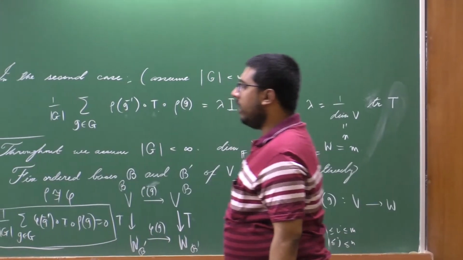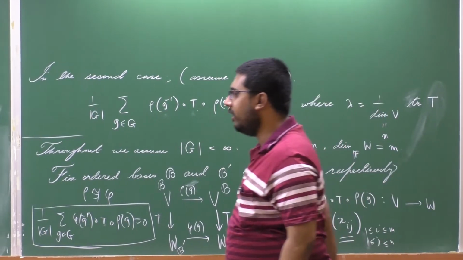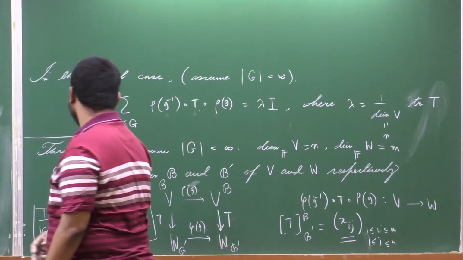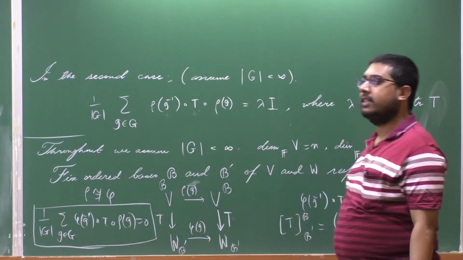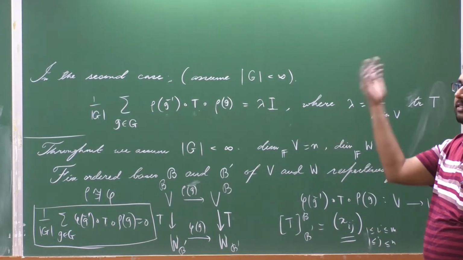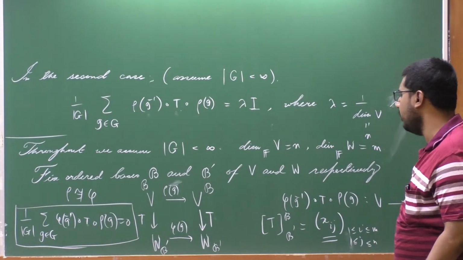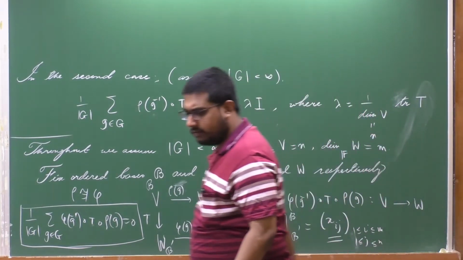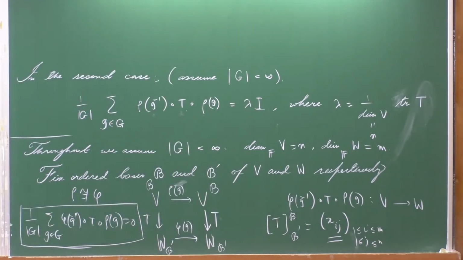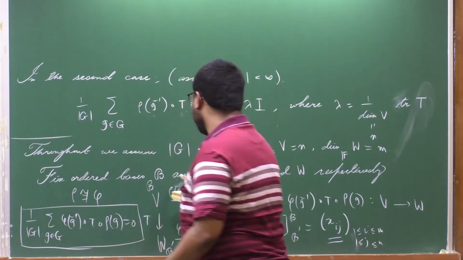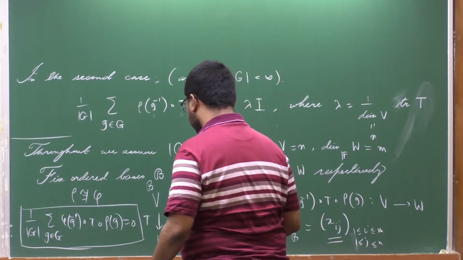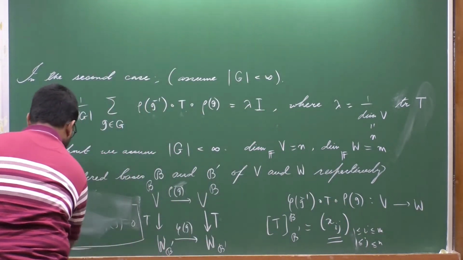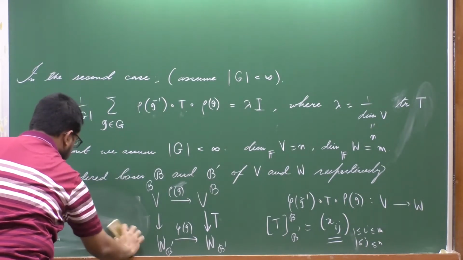Now we are going to look at the counterpart for the second case, where we are working with the same representations. The field is complex, the group is finite. The group is finite has always been assumed. The field is complex. So in that case what will happen is the following: of course in that second case beta prime and beta will be the same. So I should correct it here.